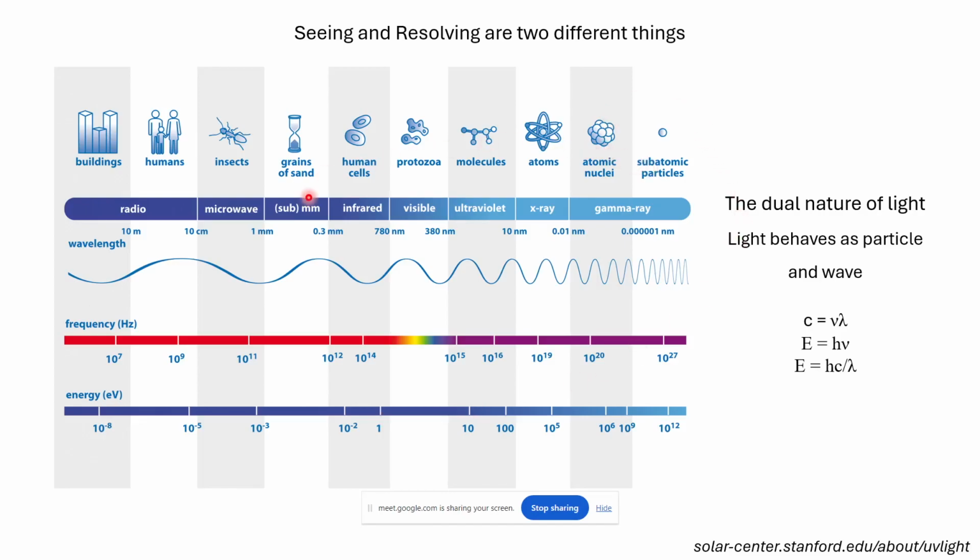And if we want to see humans or other huge things like buildings and everything, then we need higher wavelength or lower energy light.